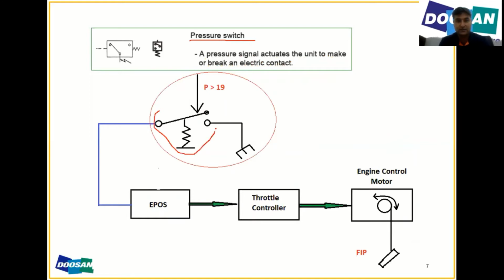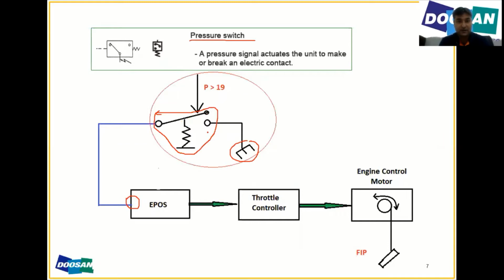Why is it called the pressure switch? Because it works on pressure. What is the function? It connects and disconnects the ground from EPOS through the pressure switch.